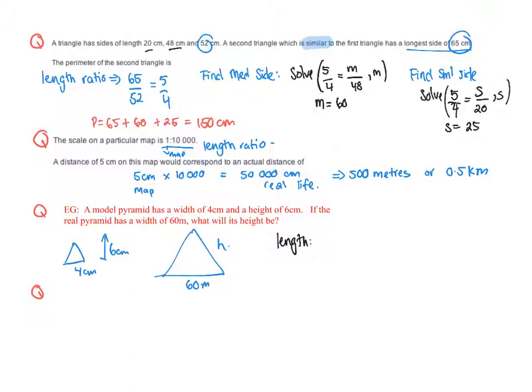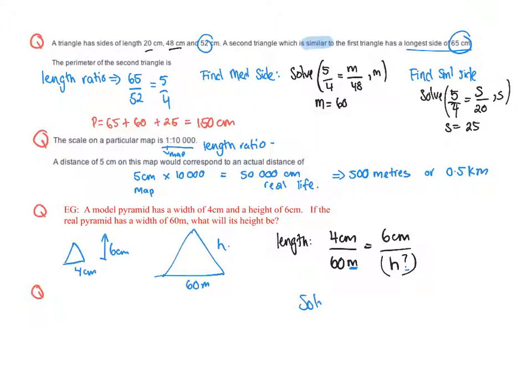So remember I said, if you go 4 centimeters over 60 meters, that would have to equal the same as 6 centimeters over the height in question. And it will give you your answer in meters, because this is meters, this will be meters.